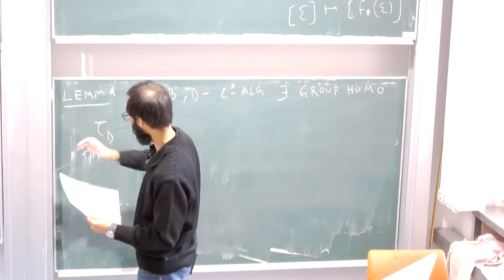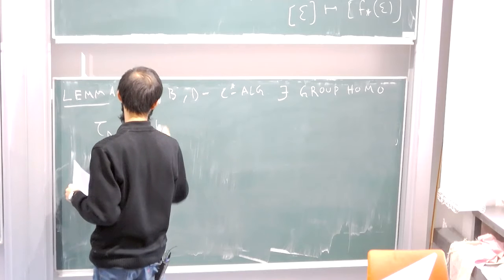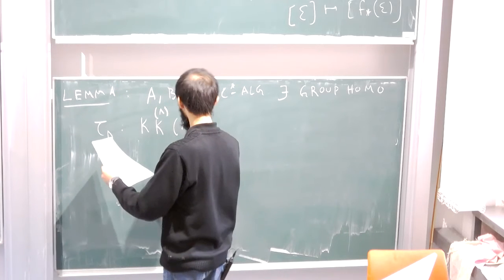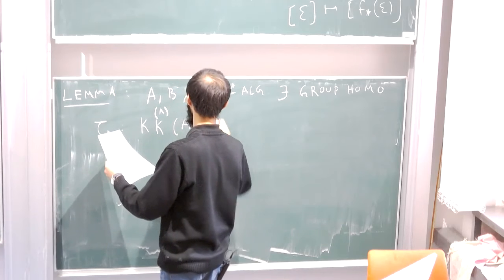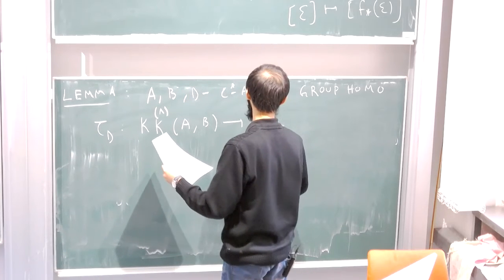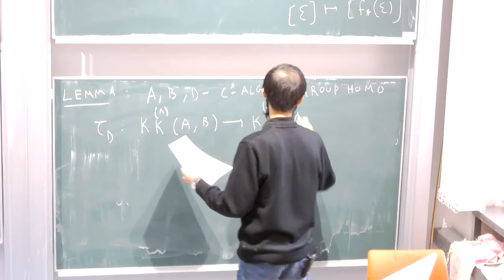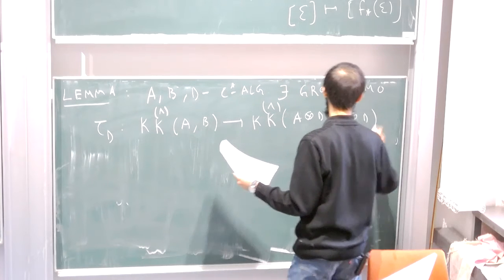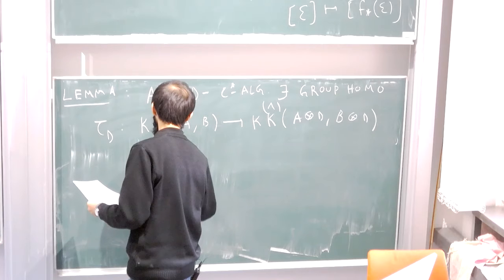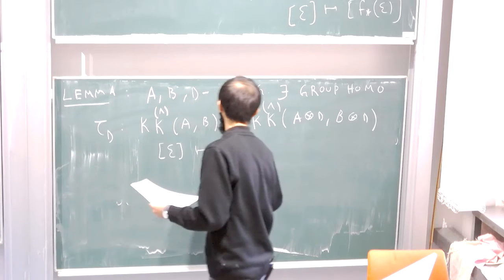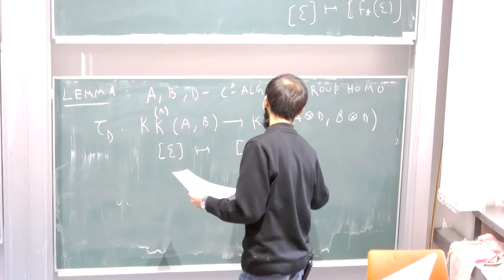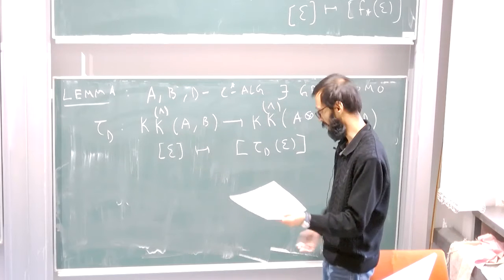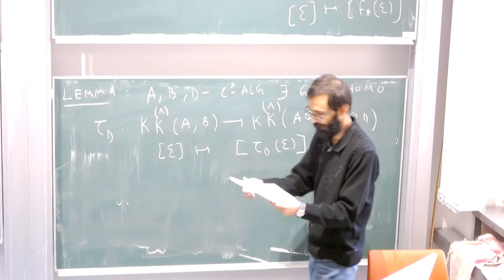The external tensor product remains. This is the one. So I'll again put a bracket, KK(A, B) to KK(A tensor D, B tensor D), which sends the class of E to the class of the external tensor product of E. That's it. Again the second bracket, the curly bracket, works.